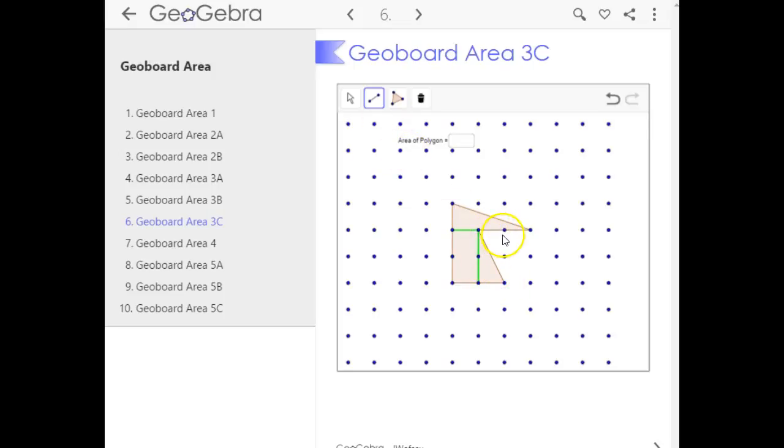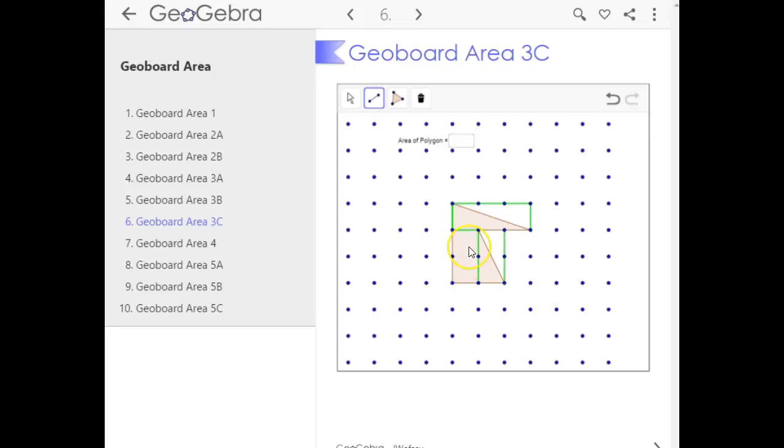So I'm going to make a larger rectangle around it using the base of this here. And so looking at this rectangle, this section here would be half of it. And then I can do the same up here. And so this would be half of 1, 2, 3, so that's 1 1/2, 3 1/2, 4 1/2.